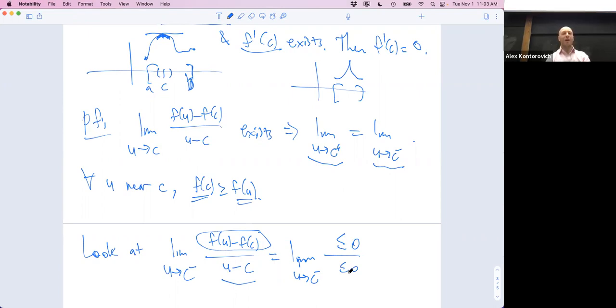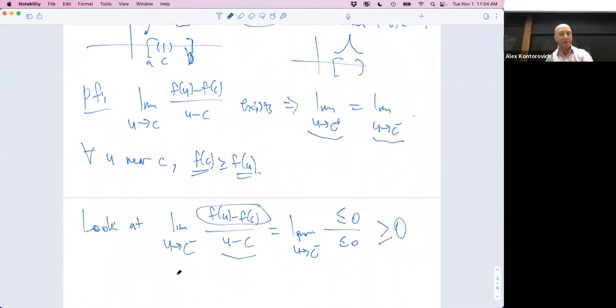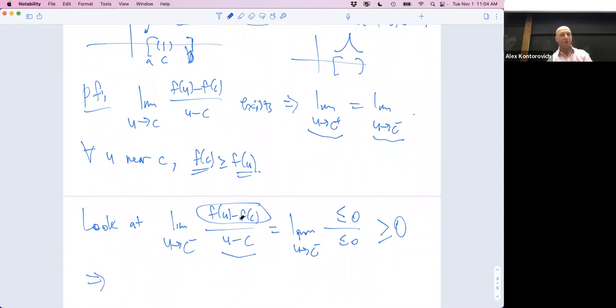If I take the ratio of two negative things, the ratio of negative things is positive, and so every possible value of this quotient is non-negative when u goes to c from below. Well, that means in the limit, if every quotient is non-negative, then the limit, in other words, the derivative, has to also be non-negative. Right? You can't all of a sudden skip to a negative value if all of the values nearby were non-negative. Does that make sense?